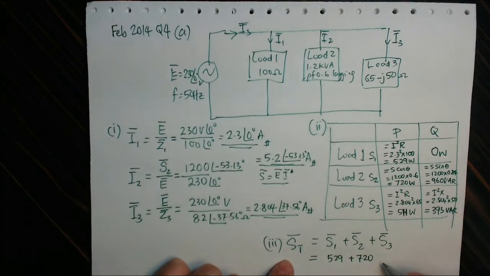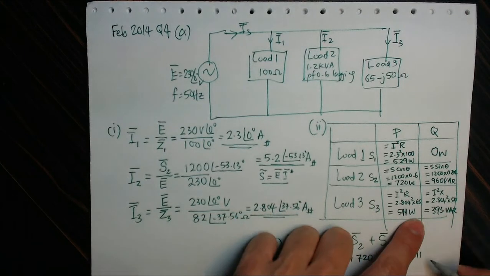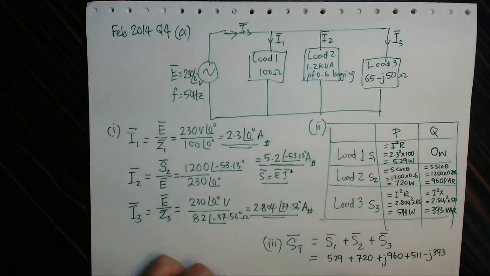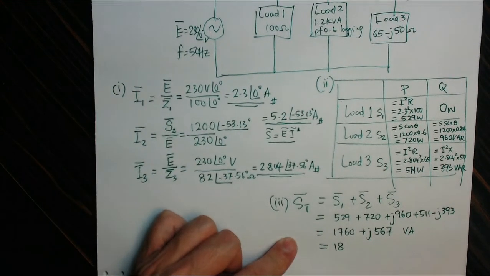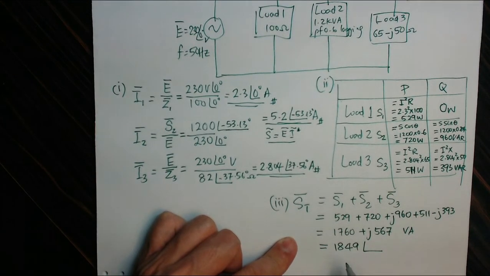Now the reactive part is plus j960 plus j511, minus, this is negative, minus j393. So in total I'll get 1760 plus j567 VA. Converting to polar form, I'll get 1849 with an angle of 17.86 degrees VA.